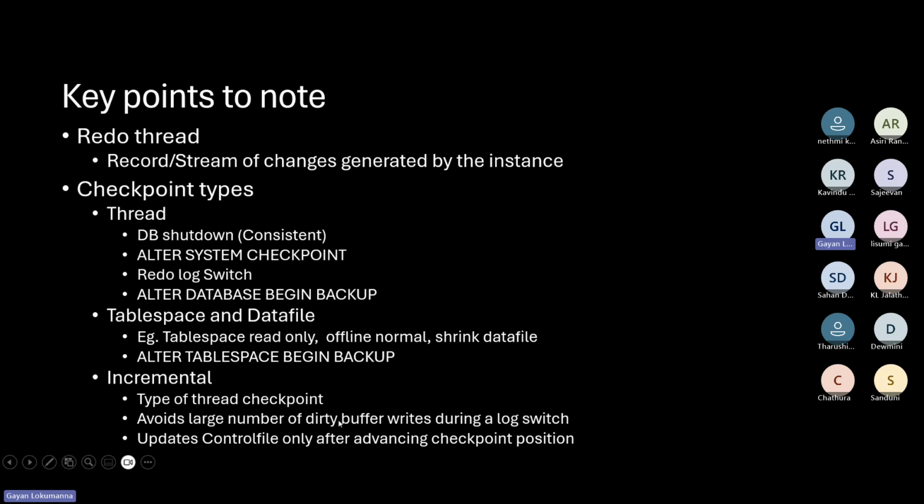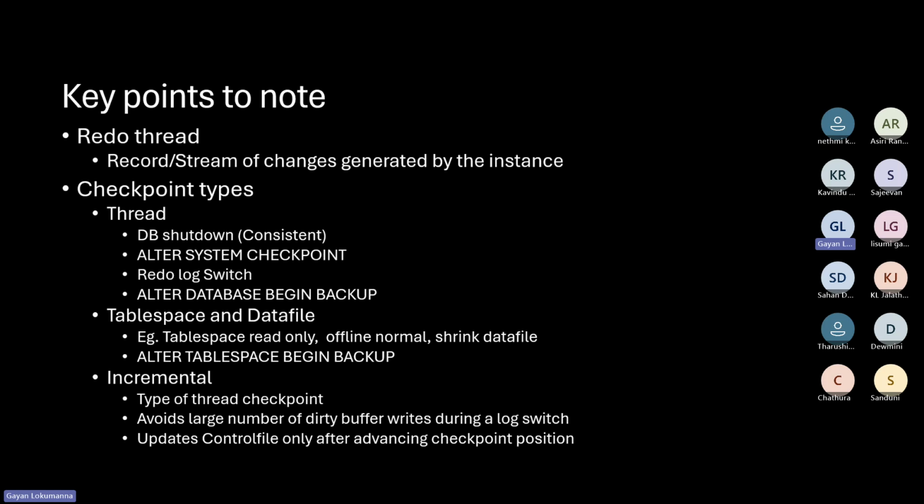But what happens is that if your redo log file is very big, or if the changes that need to be flushed from the buffer cache to the data files are extremely big, then the amount of workload or amount of data that needs to be flushed from the memory to the data files would be more.